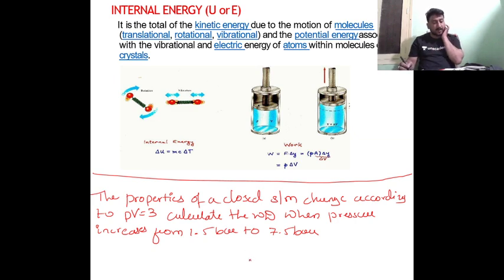Okay, so how can we get it? PV equal to 3. Calculate the work done when the pressure increases from 1.5 bar to 7.5 bar.